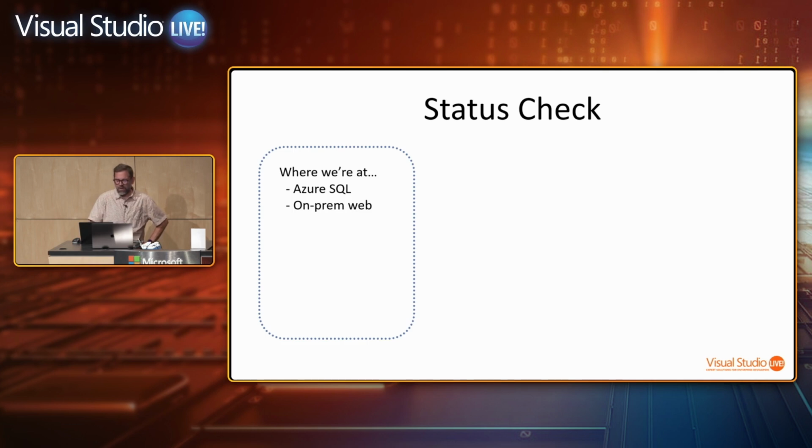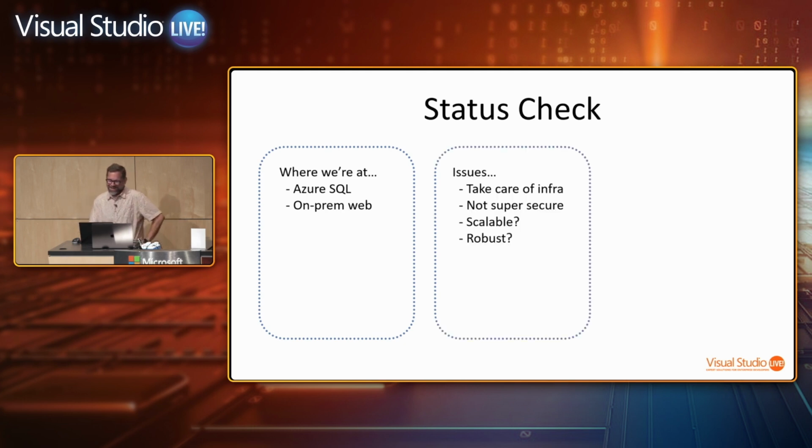All right, so we're at Azure SQL, but an on-prem web, and we have a firewall port open. We have two firewall ports open because somehow Visual Studio is running on a different one than the web portal. What we want to take care of is the infrastructure. We're not super secure because we have a connection string in the app settings to get there, which has our Azure SQL password in it as well, our database password.